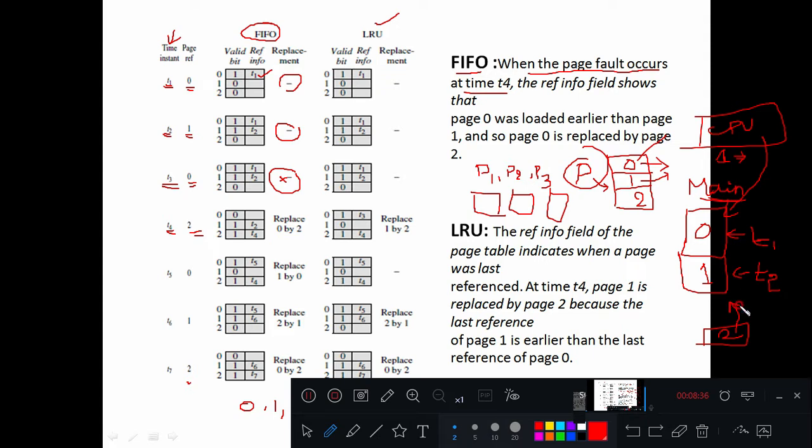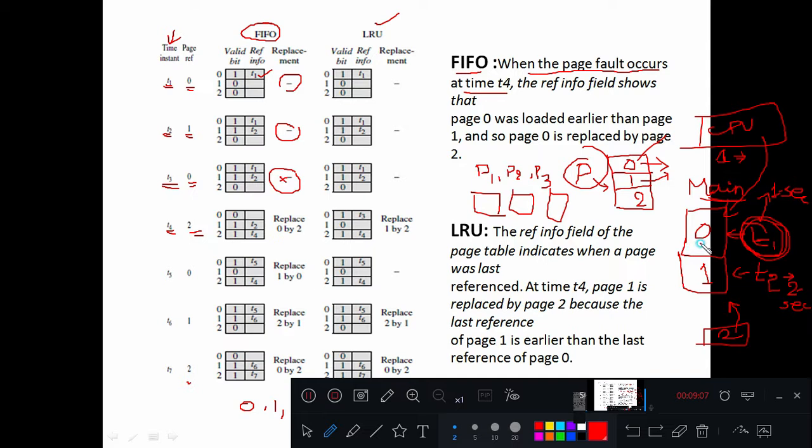So what it does now, it will check which page is loaded first. Out of these two, which page is loaded first? Reference information will tell that. At time T1, let us say page 0 is loaded at first second, and page 1 is loaded at 2 second, right? So which page has come first?